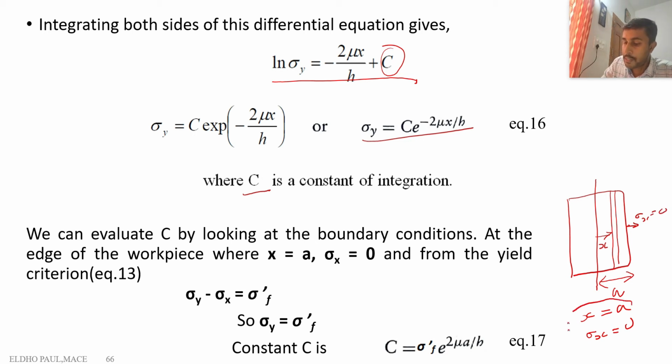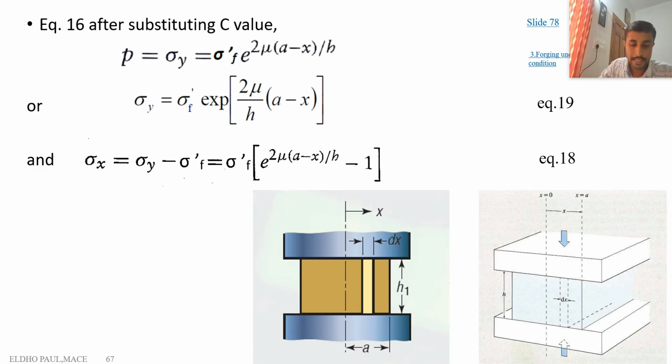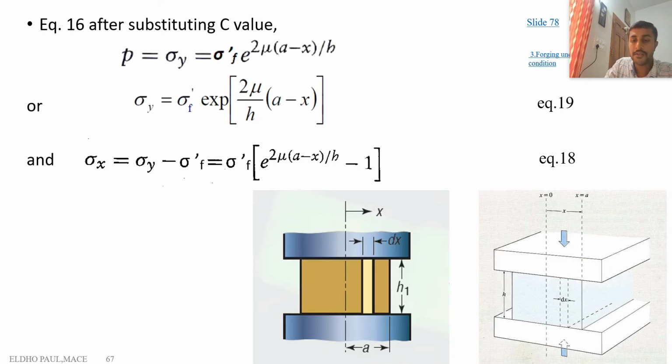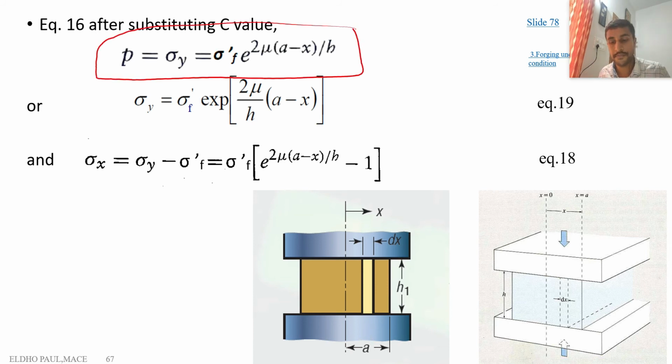So we apply this boundary condition to find the c value. Then we substitute this c value in this equation, equation number 60, and we got the equation for sigma y. This is the final equation.